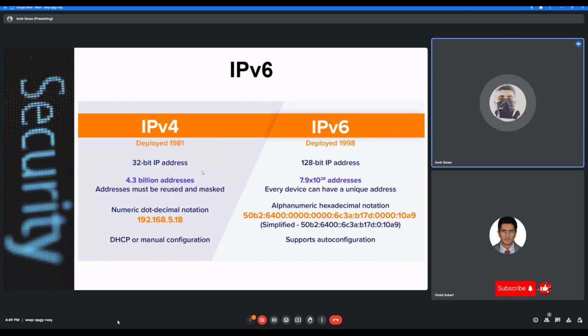For this reason, they created IP version 6, which is made of 128 bits. And they claim that there are as many IP version 6 addresses as grains of sand on the planet. IP version 4 has numeric dot decimal notation, but IP version 6 has numeric hexadecimal notation.